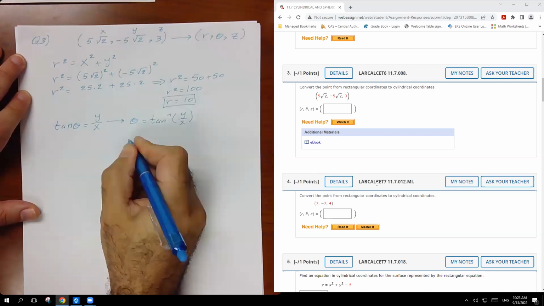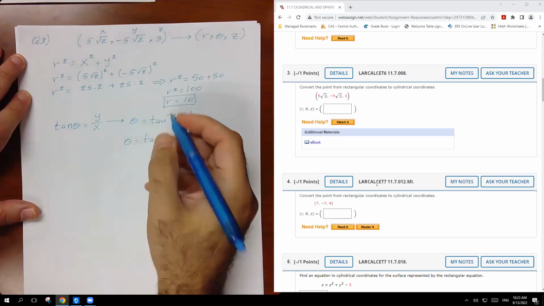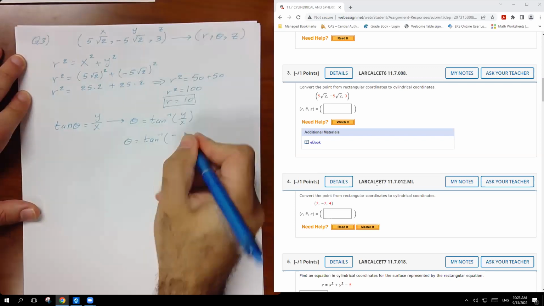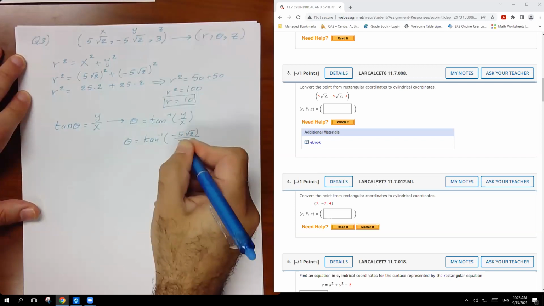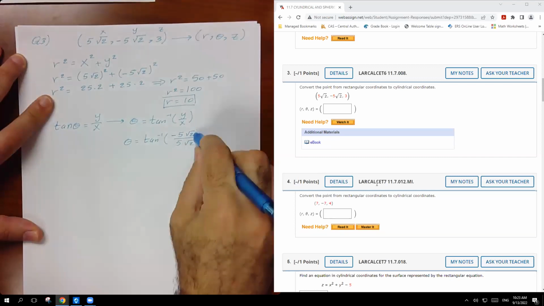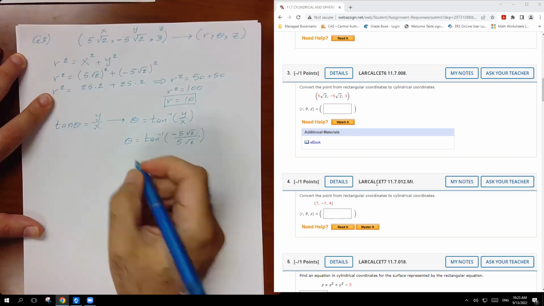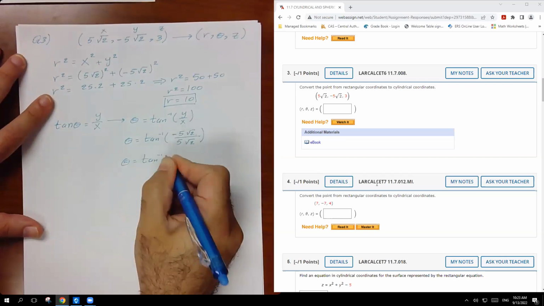That means theta is going to be tan inverse of negative 5 square root of 2 divided by 5 square root of 2. That means theta is going to be tan inverse of negative 1.